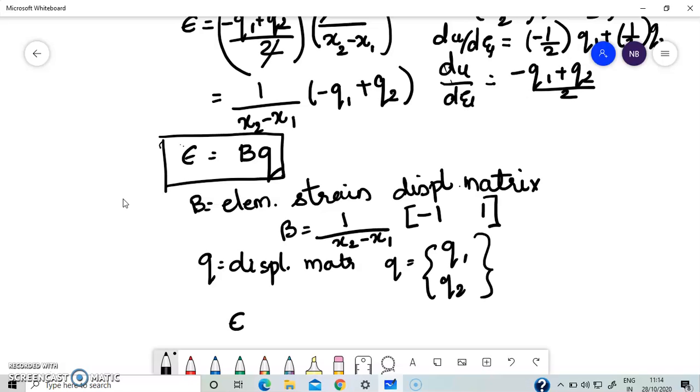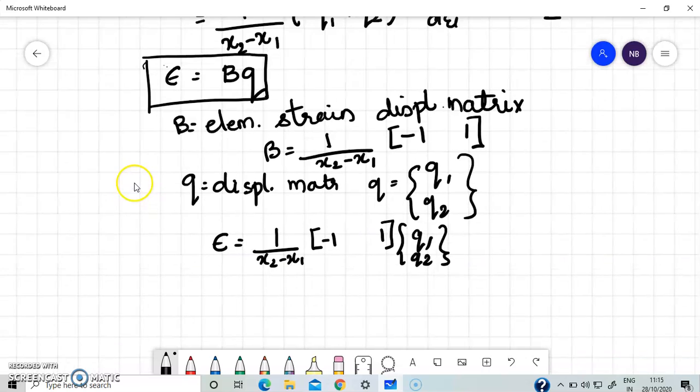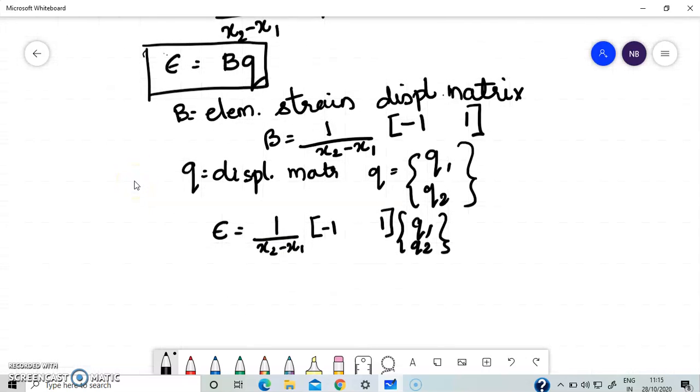So we can write epsilon equals 1 upon (x2 - x1) [-1 1] into [q1 q2]. In this equation, this term here is the strain displacement matrix B, and this is the displacement vector Q.